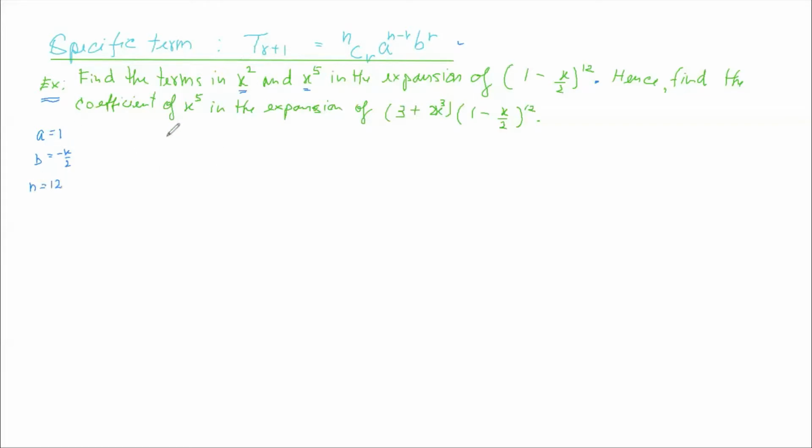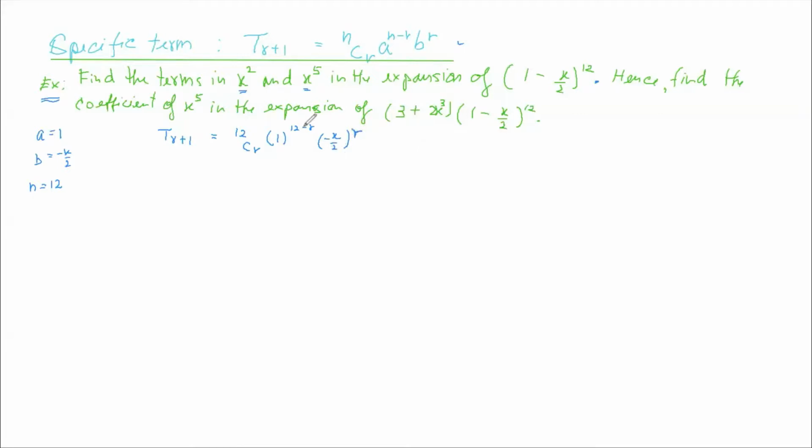So from this formula, we write down T and replace the values we know first: 12 C r, with A equal to 1 to the power 12 minus r, B is minus x over 2 to the power r, where r is unknown.